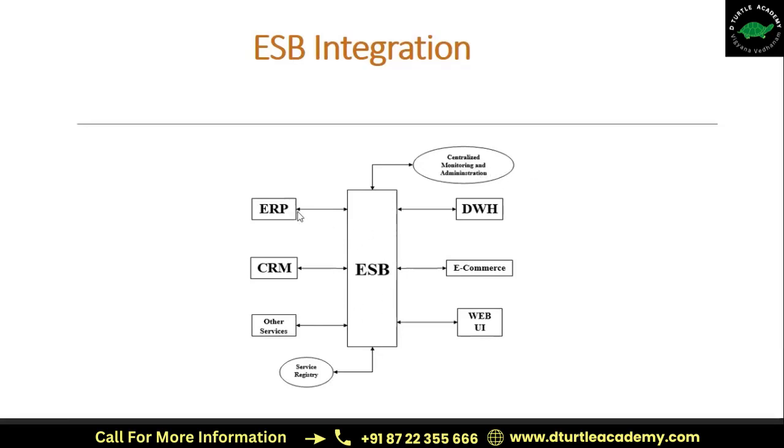If you send any input from here and it has to be integrated with any other system, the ESB will take care of it. So no need to worry about writing a piece of code again, or about how to handle errors for a particular system. The ESB will take care of everything.